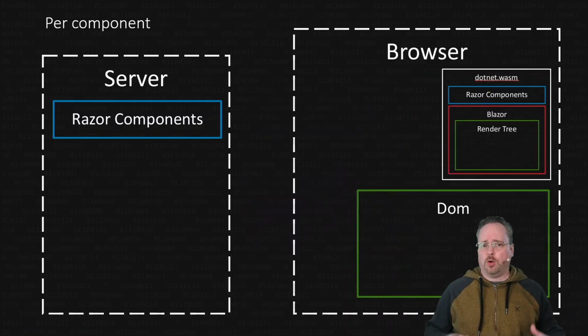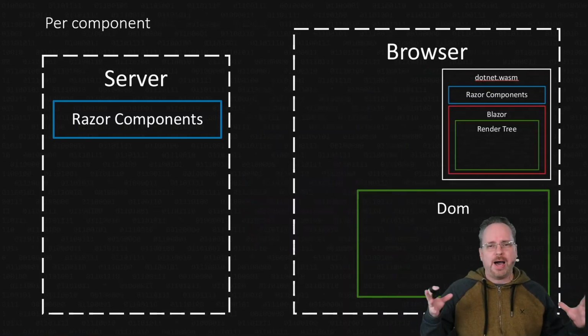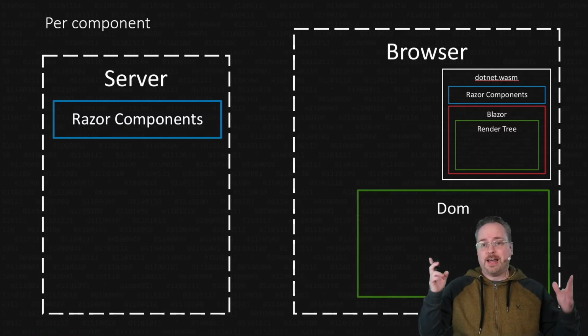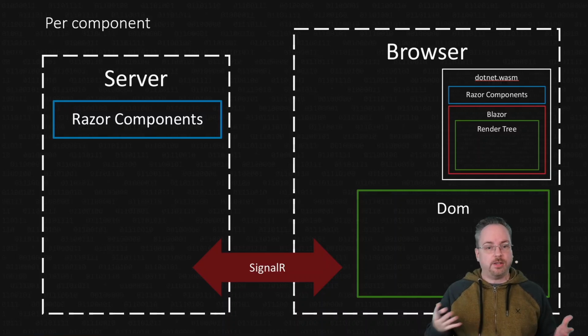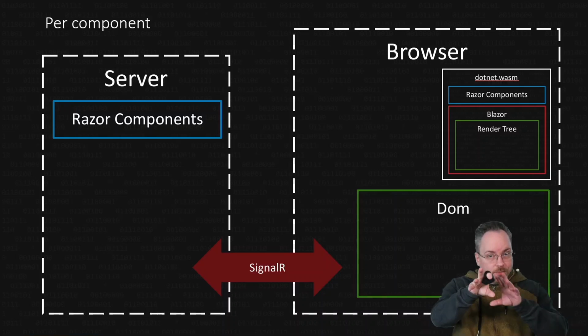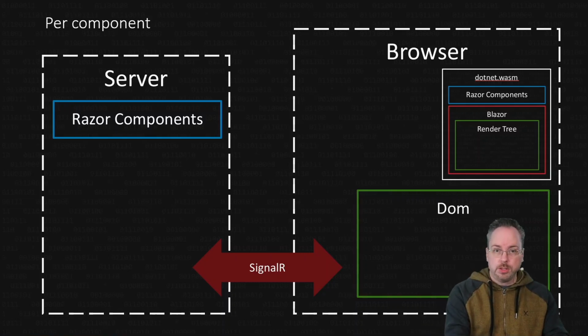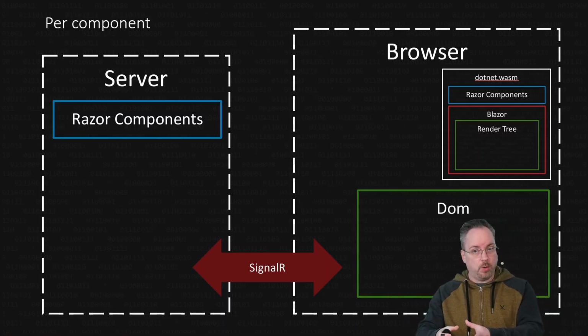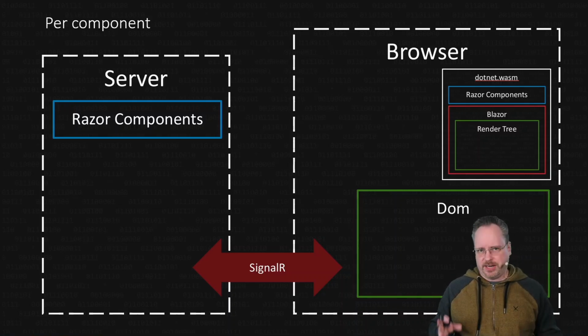We also got something called per component. Per component means that we can combine different versions. So we can, for example, run WebAssembly in the browser, but also have SignalR connected and have different components running on SignalR. So we can have static components and we can have interactive components using either WebAssembly, Auto, or Server. Now, I would be a little bit careful with this one because you're not sharing state.